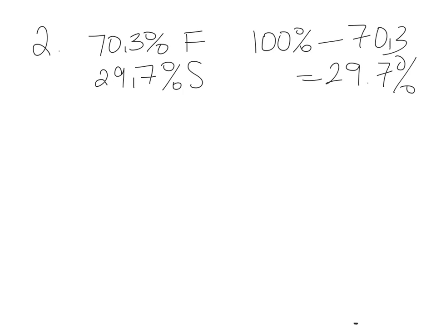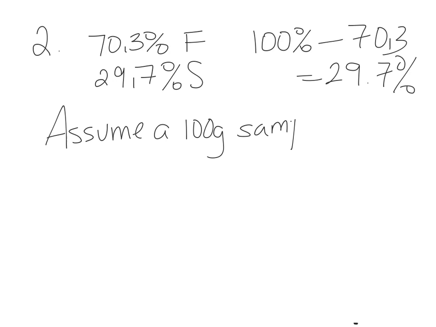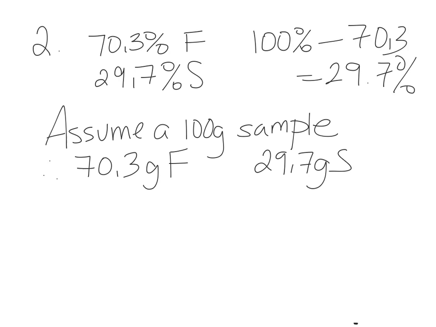Okay, so assume a 100-gram sample. Therefore, we've got 70.3 grams of fluorine, 29.7 grams of sulfur. Divide each by its molar mass.